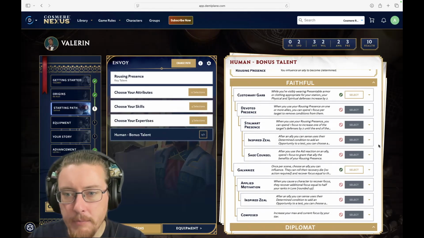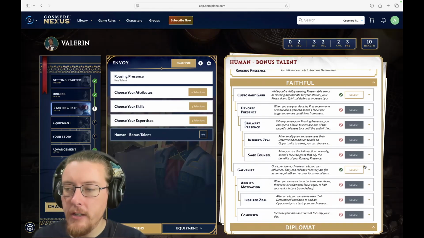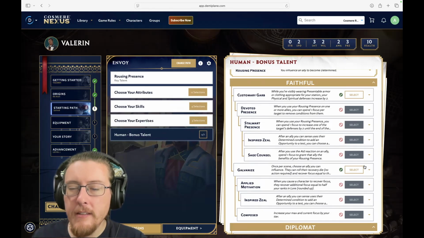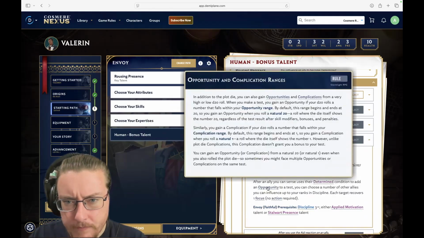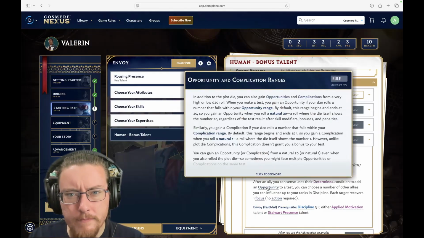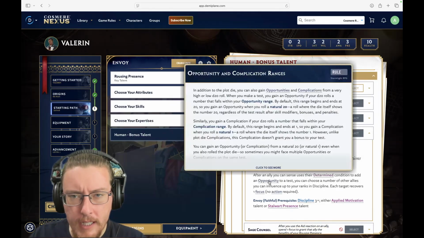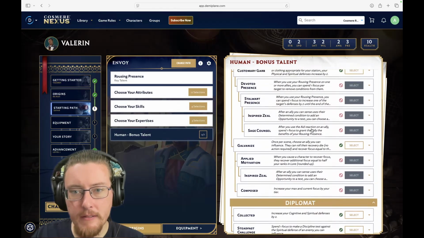I can inspire other people to add opportunity tests, which, if you're new to the Cosmere RPG, you're not sure what an opportunity test is yet, or sorry, an opportunity. That's when you roll the plot die, I believe. Yes. Oh, that just straight adds an opportunity, not lets you roll the plot die. It just adds an opportunity.